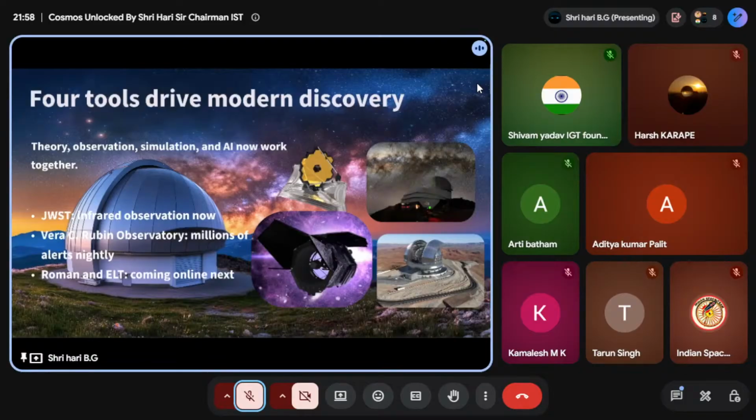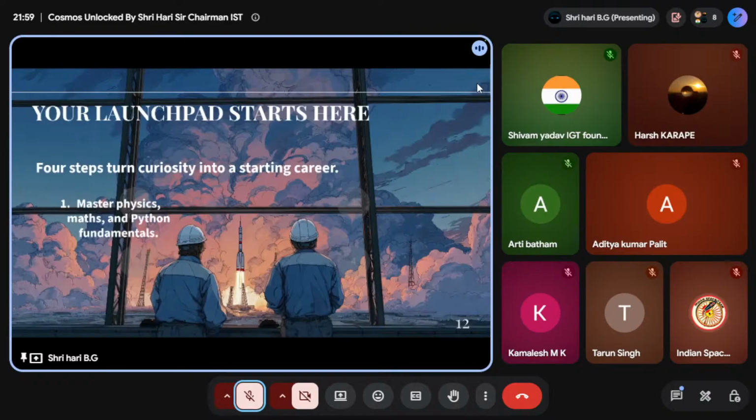And we should also focus on mathematics, because if there is no math, there is no physics. The two are interconnected. And you should also have some basic Python knowledge, not a full high level, just basic Python level.